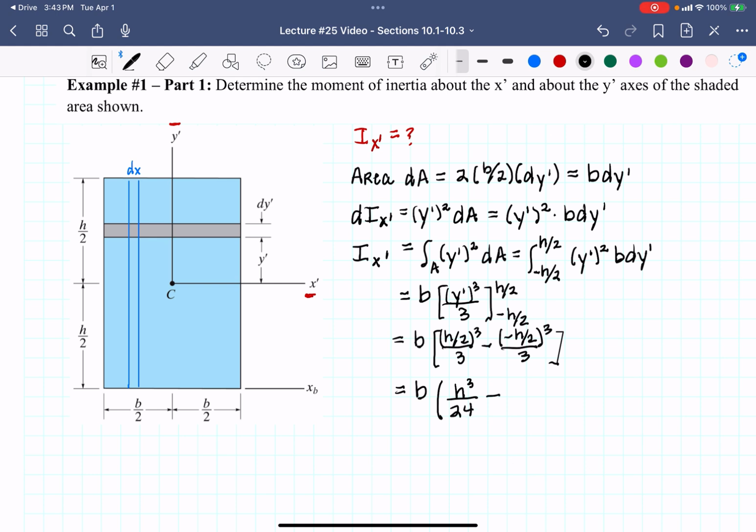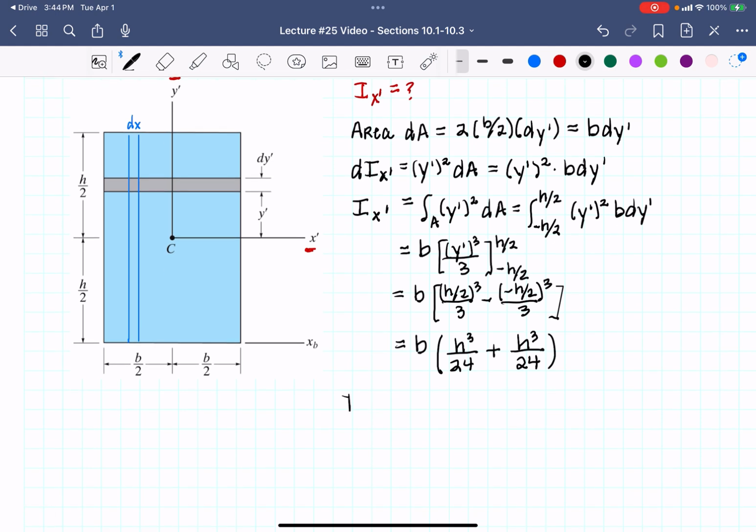And this negative is going to come out to be a positive h cubed over 24, which is going to tell me that my moment of inertia about x prime is equal to bh cubed over 12.